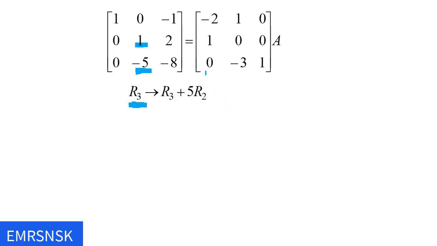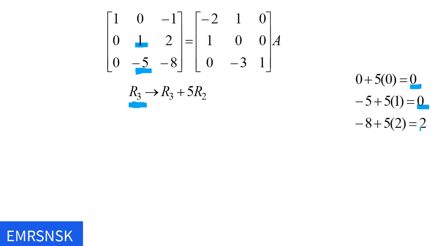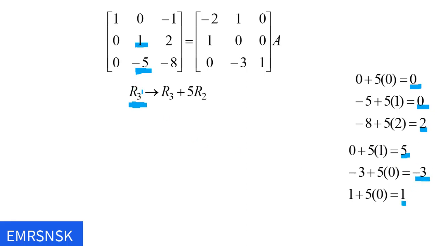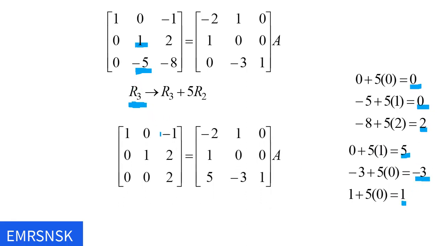Similarly, we are going to perform the same elementary transformations on the right hand side. So after performing on the left hand side, we are getting 0, 0, 2, and on RHS we are getting 5, minus 3, 1. So this will reduce to this matrix.